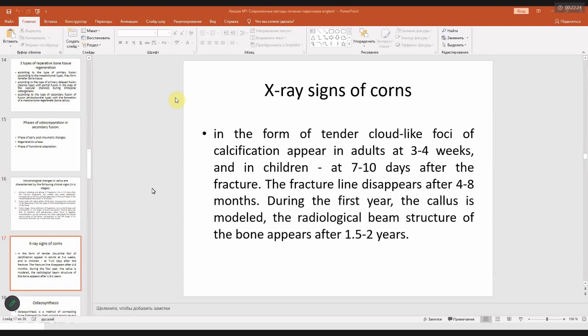The fracture line disappears after 4 to 8 months. During the first year, the callus is modeled. The radiological beam structure of the bone appears after 1.5 to 2 years.